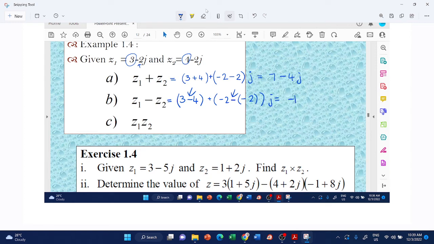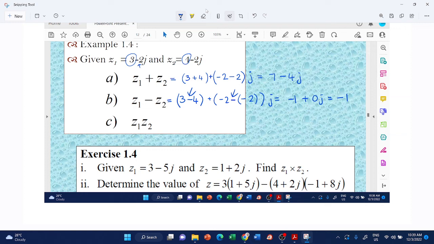Negative 2 plus 2, 0. So letak something like 0j. You can leave it negative 1 je, tak perlu letak 0 pun tak apa. Kalau tak nak letak 0, maksudnya macam ni, negative 1 je.